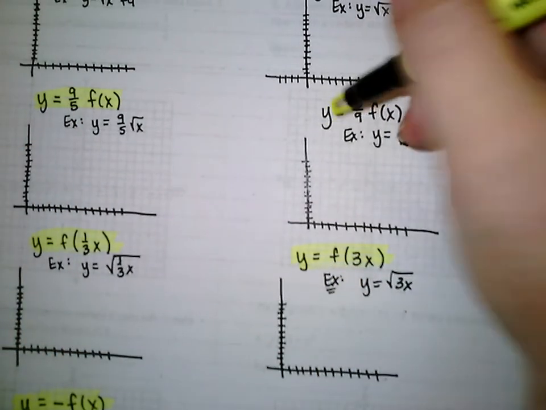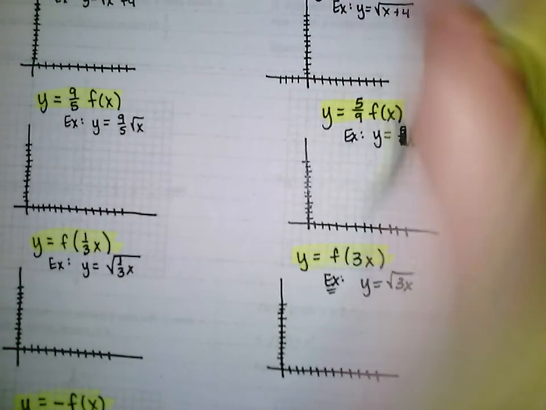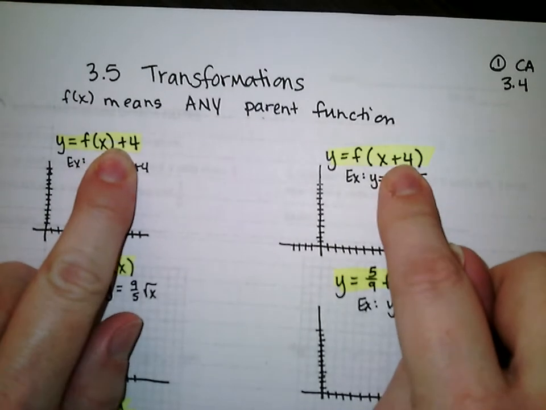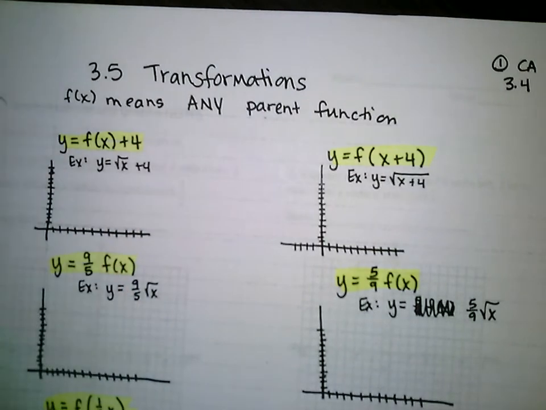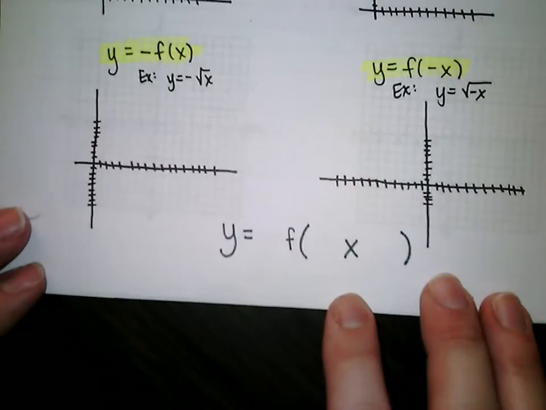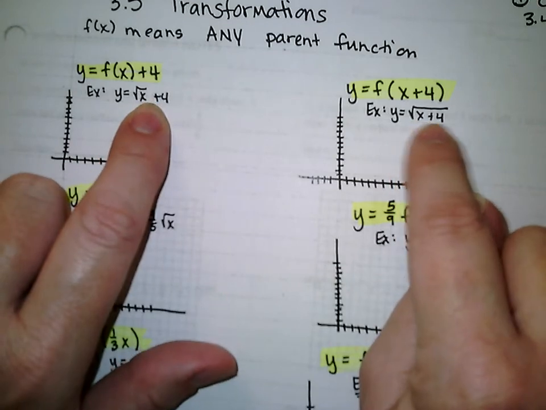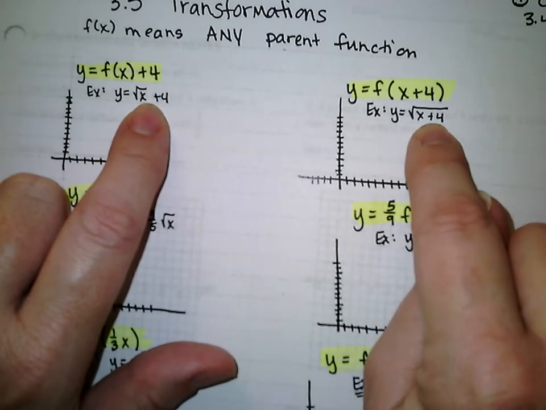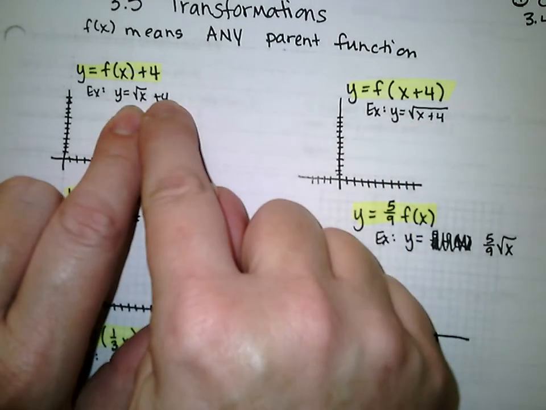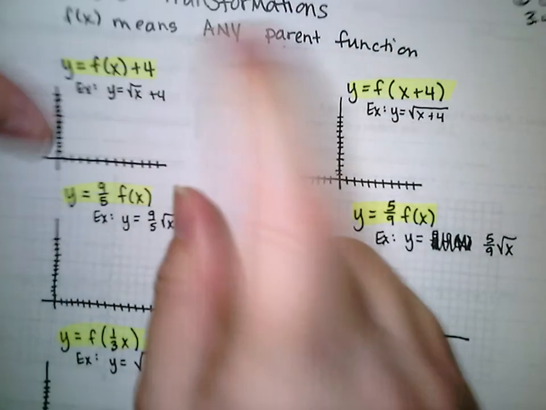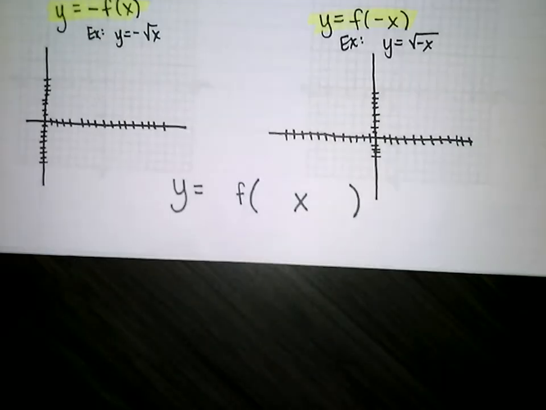So that's going to make a difference in what that transformation does. Like here I have a plus 4 in with the x and a plus 4 outside of the function. So that would be the difference. X plus 4 inside the parent function square root and then after the parent function. Okay, so let's get those going.